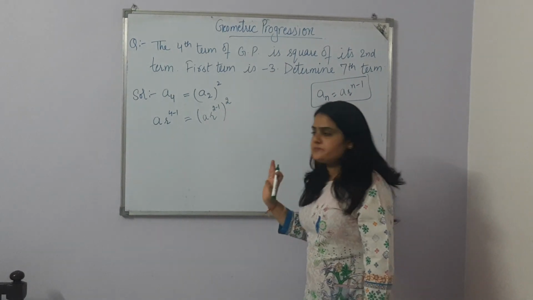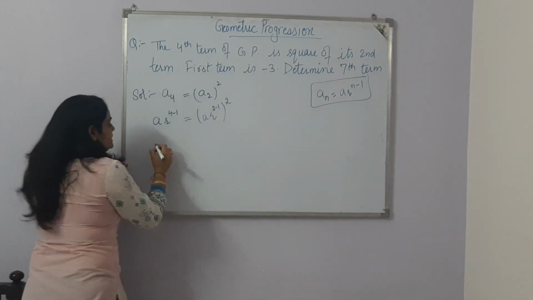Power 2 is already there. Now it is AR cubed, equal to AR whole squared. Now the power is for both, that means it is A square and R square.